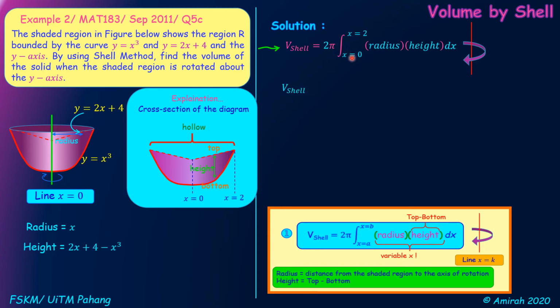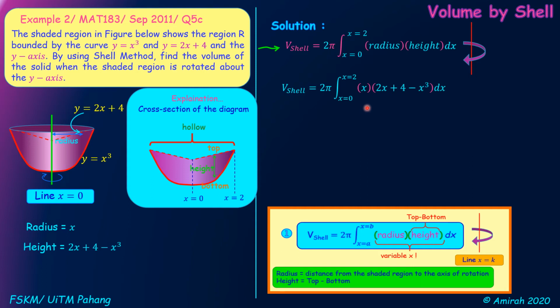Then we replace radius equals x, and height equals 2x plus 4 minus x cubed. At this point, we are done setting up the formula under volume by shell.